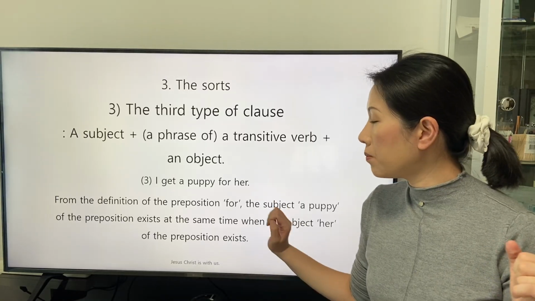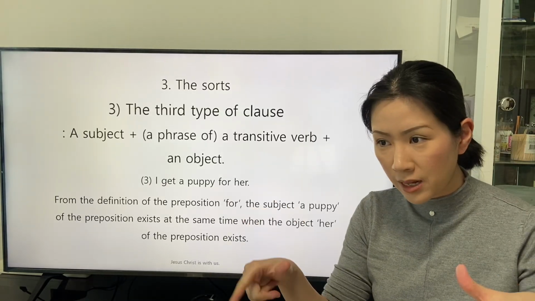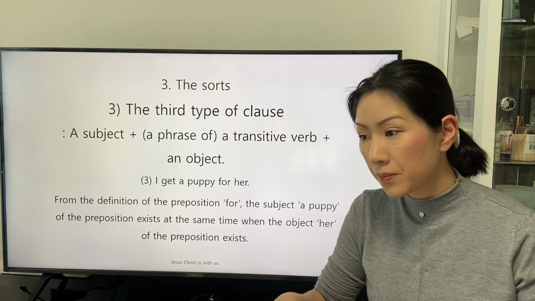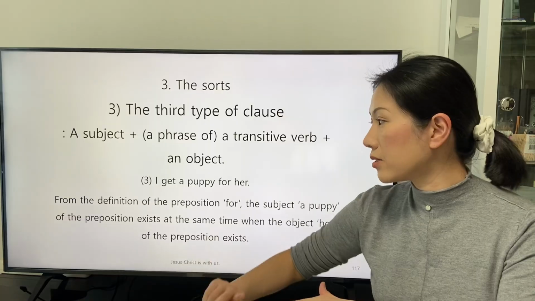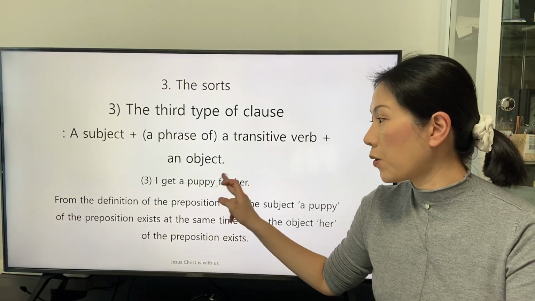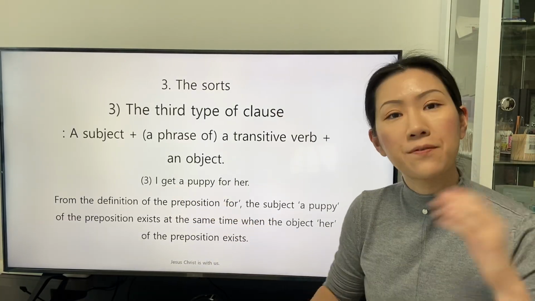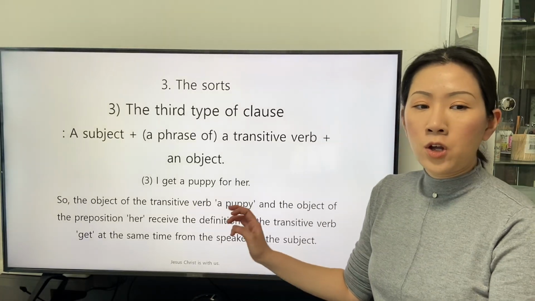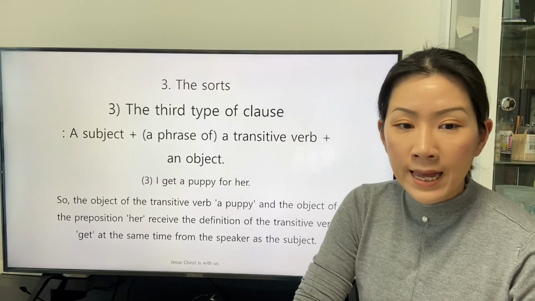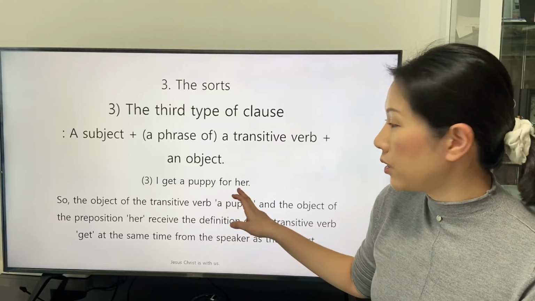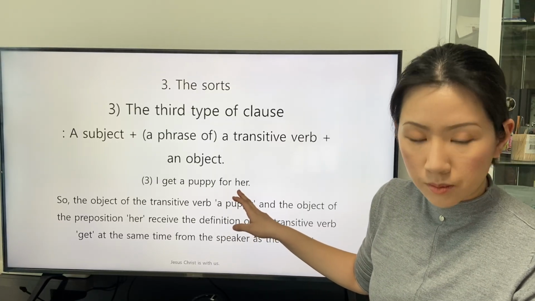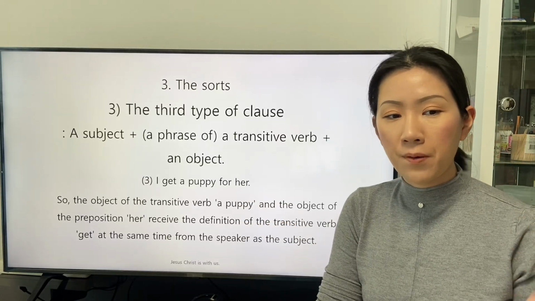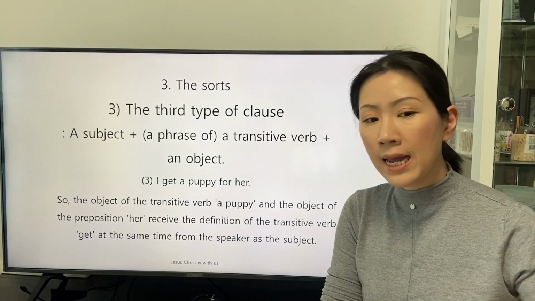This is about the premise to apply a preposition that describes the existence of the subject of the preposition at first. So the object of the transitive verb, a puppy, and the object of the preposition, her, receive the definition of the transitive verb get at the same time from the speaker as the subject.